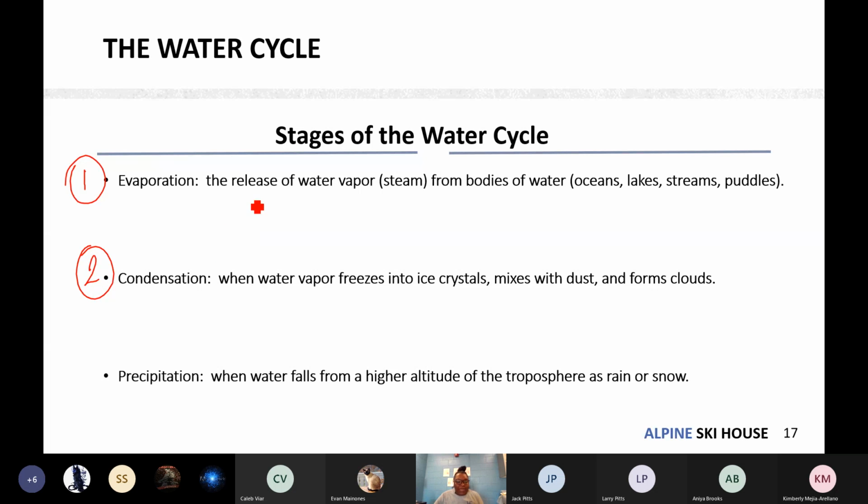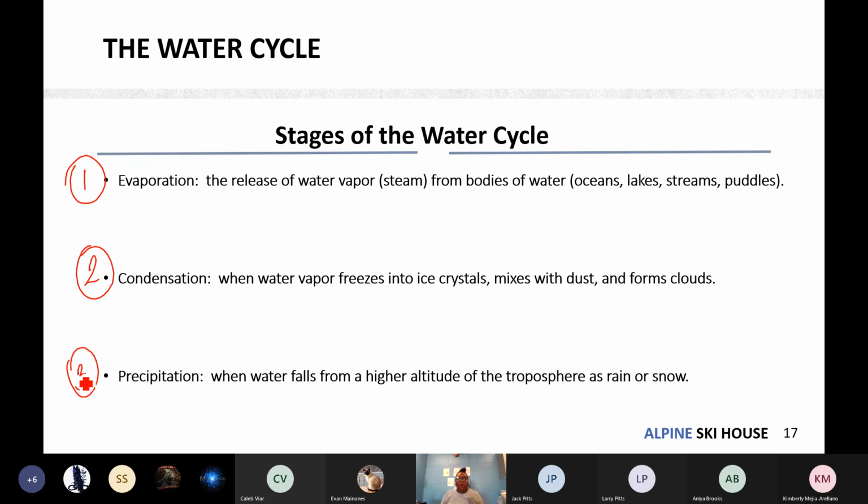And last but certainly not least, it's very important, precipitation would be our third stage. It's important for us to know that precipitation is when that rain falls. Evaporation, condensation, clouds, precipitation.